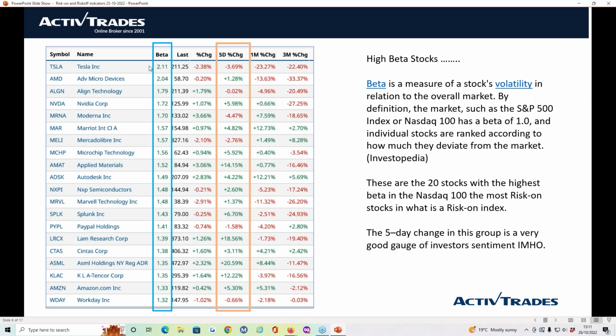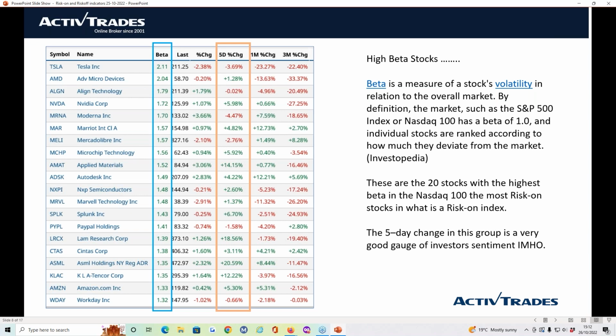So Tesla, won't surprise you to learn, probably is the highest beta stock within the NASDAQ 100 index, and that can be expected to move 2.11 times for every point the NASDAQ index moves. And of course, that works both on the upside and the downside, because beta is a measure of sensitivity.